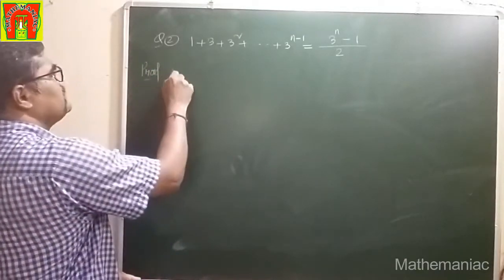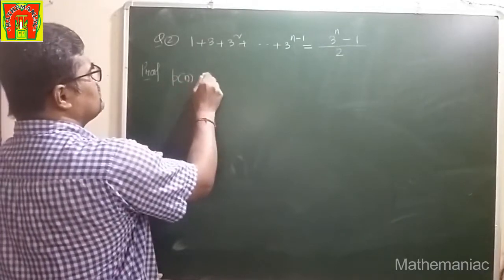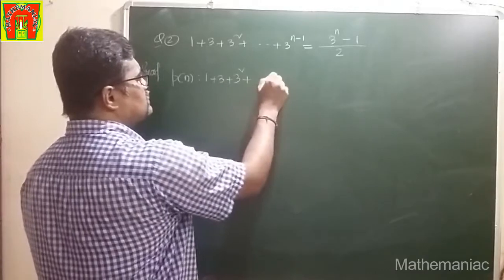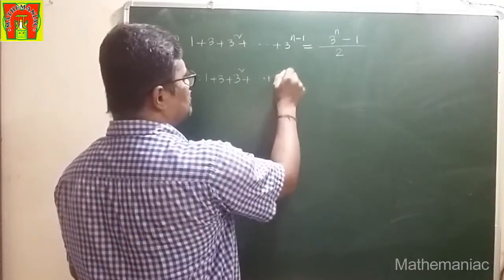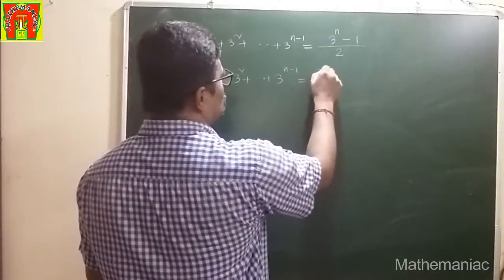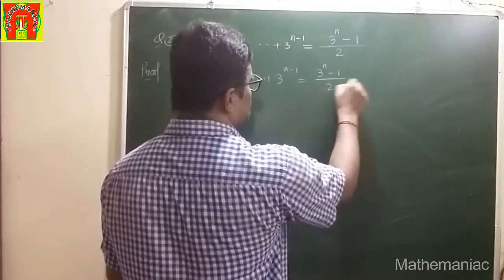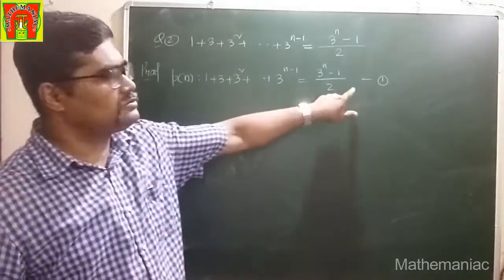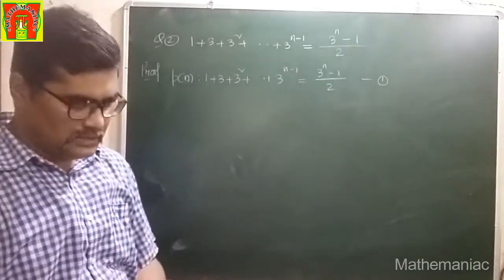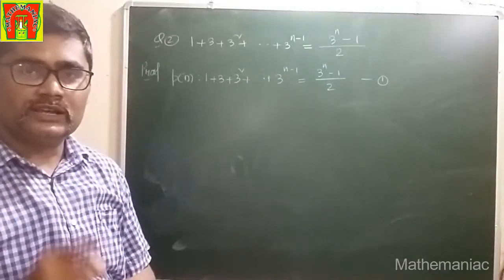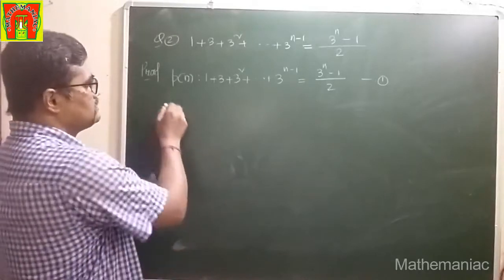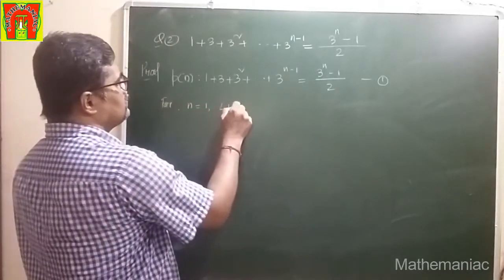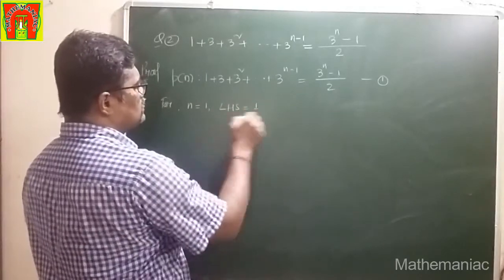Proof. So here see, as I told you, I will not write in detail the statements this time because the same statement will be recurring. So I do not want to write the same statement. This is a statement which you have to prove for n belongs to N, capital N. First, we have to prove the result for n equal to 1. So directly I'll write for n equal to 1, LHS is 1.